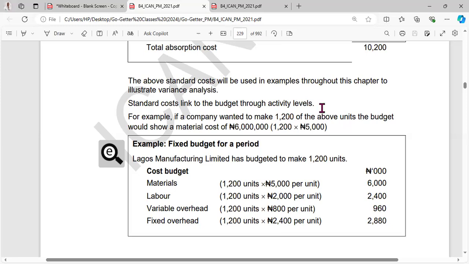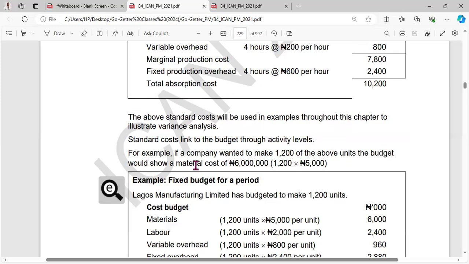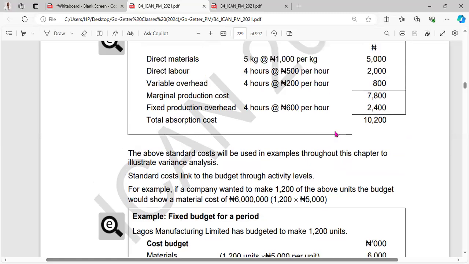So it will simply calculate how much. Material cost will just be 5,000 multiplied by 1,200, and that's your budget. So we said before, standard is for 1 unit. Take note of that. It's very important. Standard is for 1 unit.